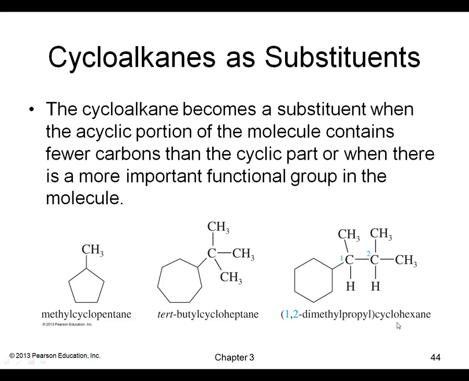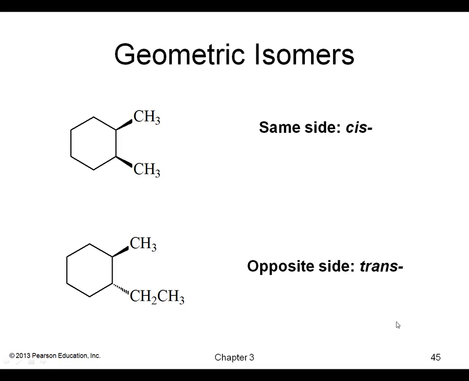Sometimes you can have cyclic groups, okay, as substituents. Geometric isomers, okay.